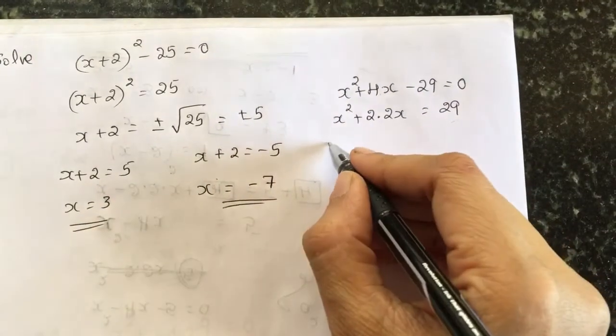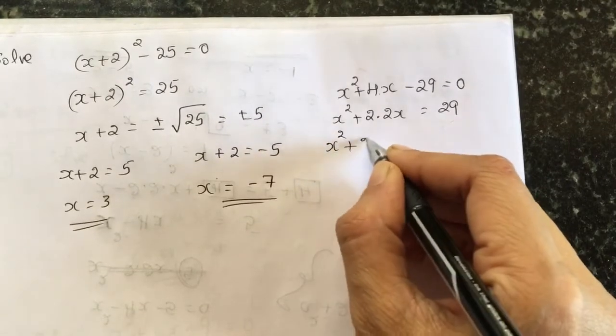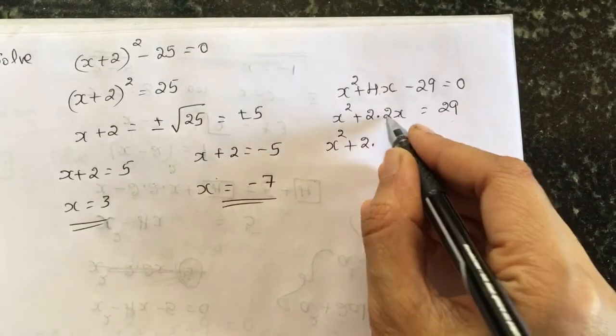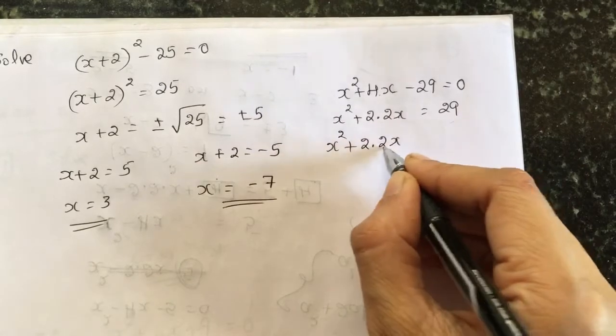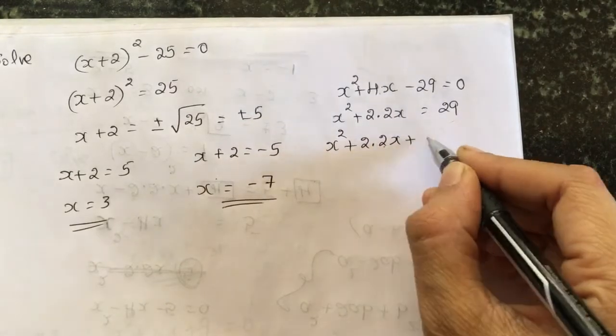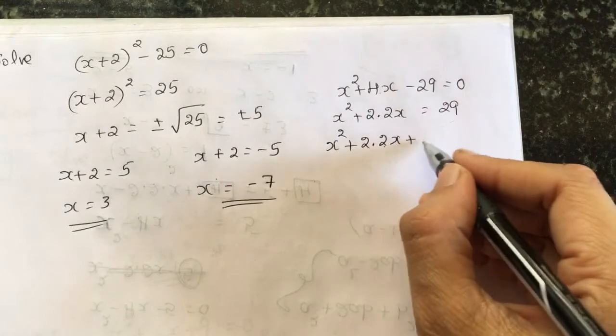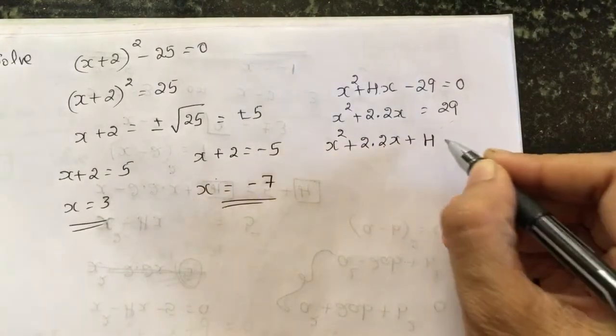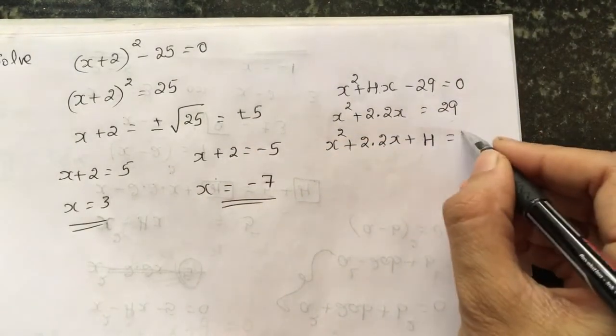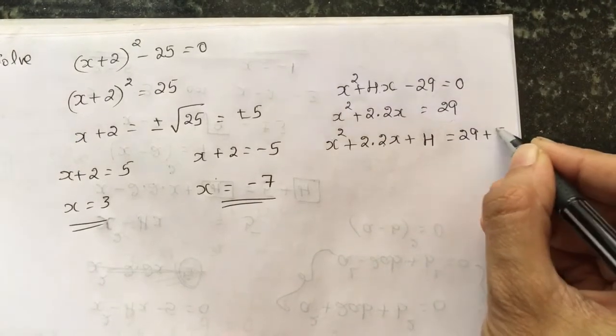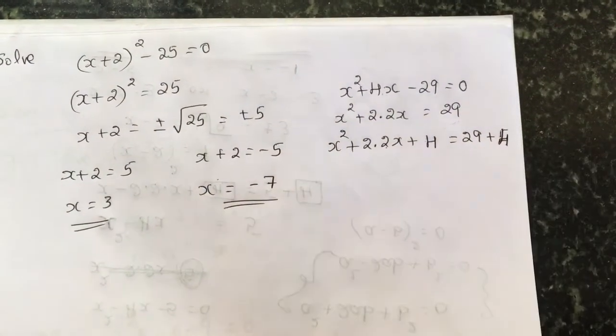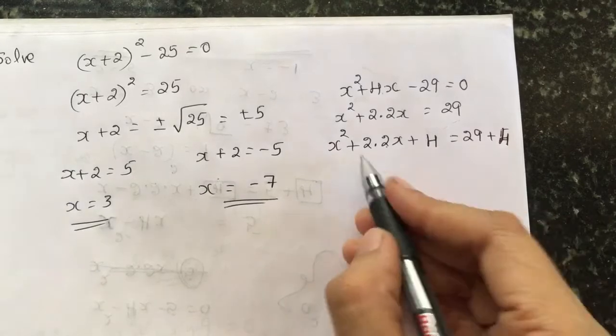Now for this, a square plus 2ab, b is 2. So I'm adding b square to the left hand side, that is 4. If I have added here, then I need to add it to the right hand side also. It's 4. So what will happen over here?